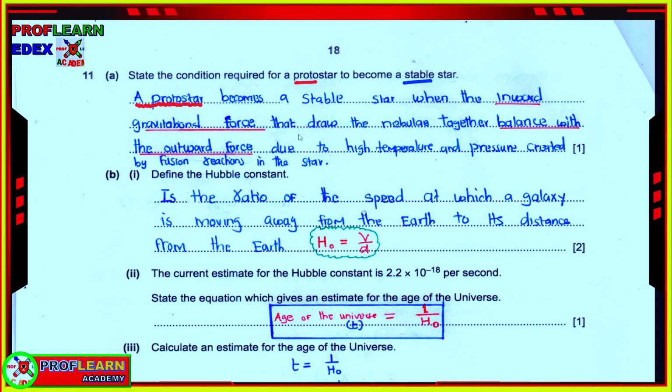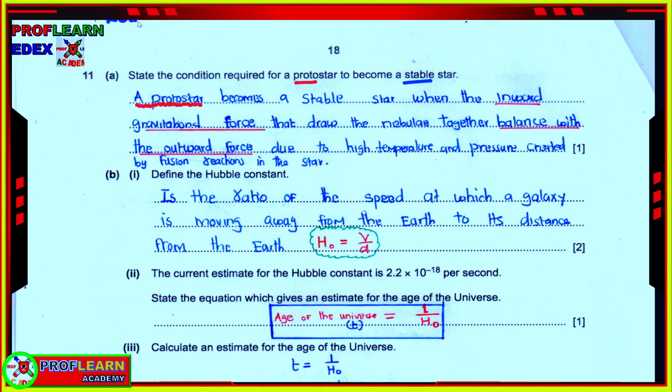Then when all the helium is used up in the red giant stage, the star will go to another stage, which is called a white dwarf, which will finally cool down to become a black dwarf. That is the life cycle of a low mass star.